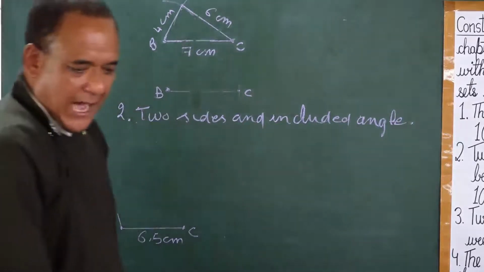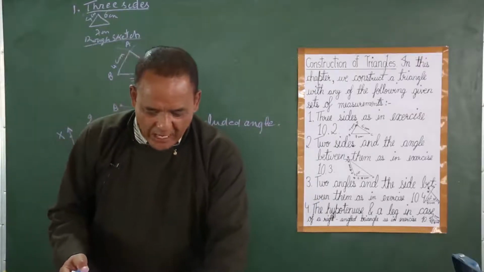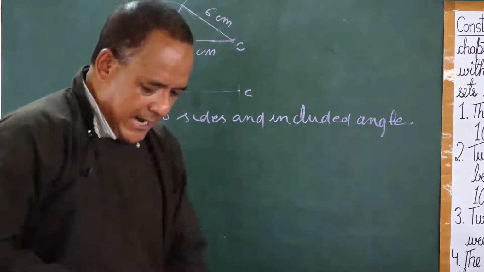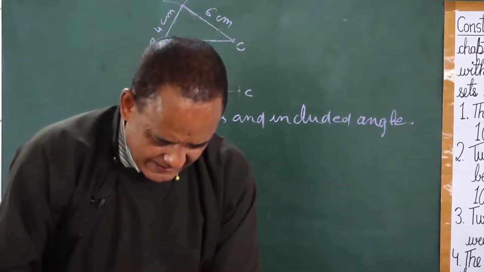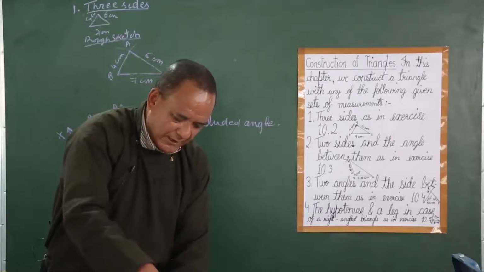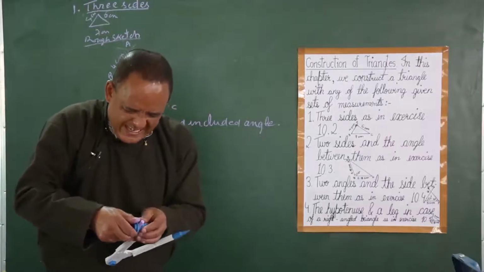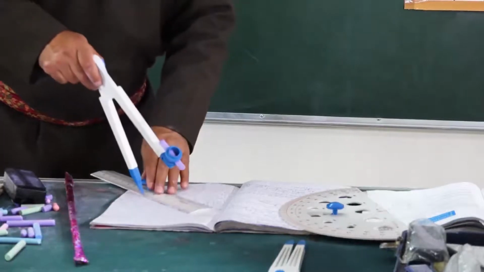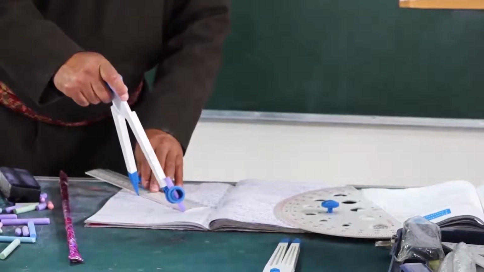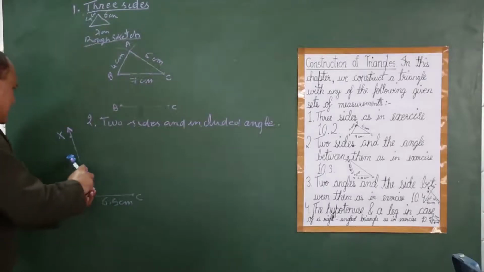Once I do that, now with the help of the protractor again, and compasses and the ruler, we make it 6.5 centimeters again. How to make 6.5 centimeters, I already explained to you. I don't need to tell all the time. So this is 6.5 centimeters.